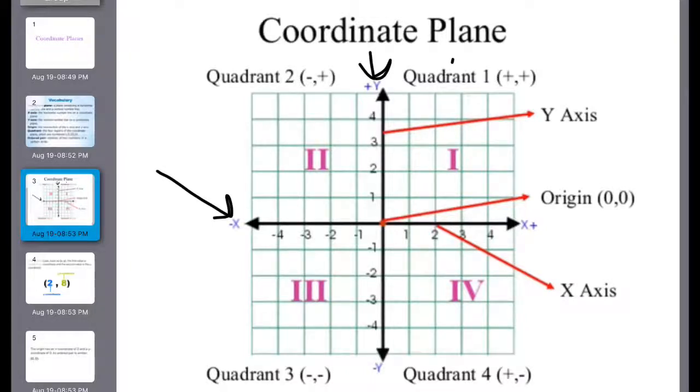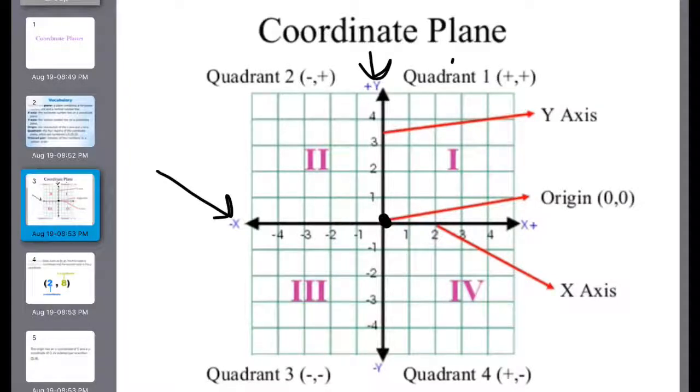And just like normal number lines, to the left of the horizontal number line, you have negative numbers, and to the right of the horizontal number line, you have positive numbers. And on the vertical number line, when you go up, you have positive numbers, and when you go down, you have negative numbers. And they meet in the middle on 0 for both number lines.